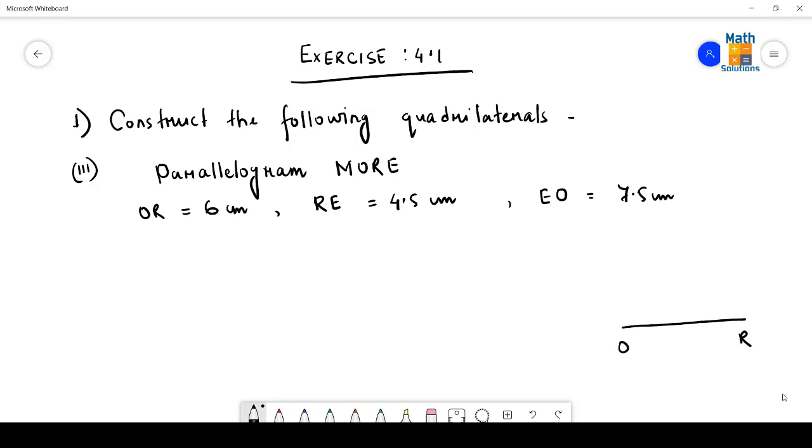Next we are given EO and RE. So from this end R we can draw RE. So let this be RE. Then since EO is given, we can join these two. EO. Already it is told that the figure should be a parallelogram.